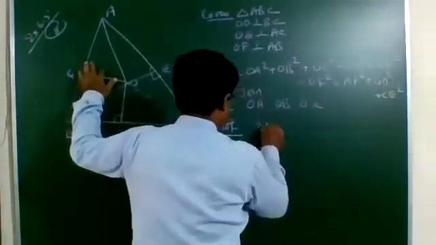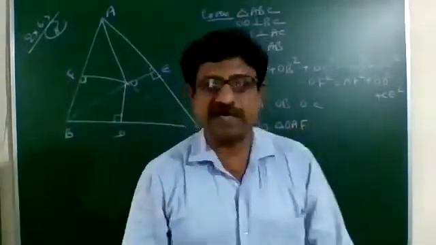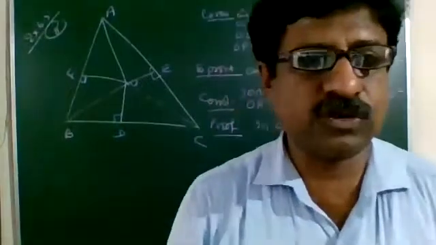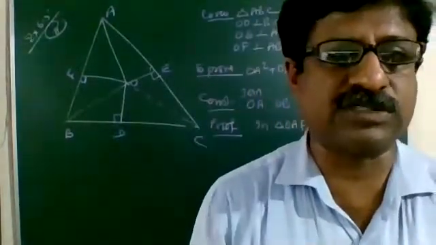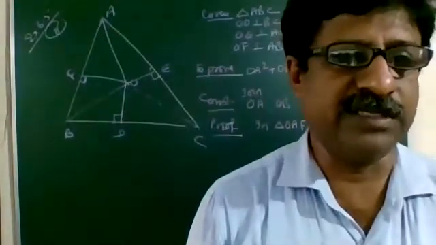In triangle OAF, we use Pythagoras theorem. Pythagoras theorem is: square of hypotenuse is equal to sum of squares of other two sides. First, we need to search for the hypotenuse.